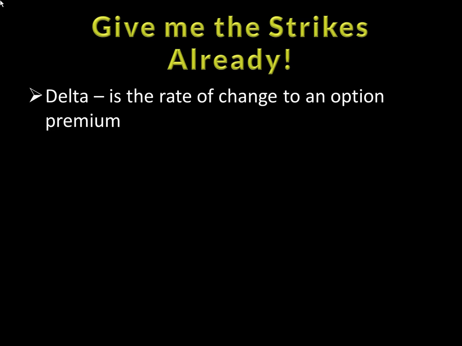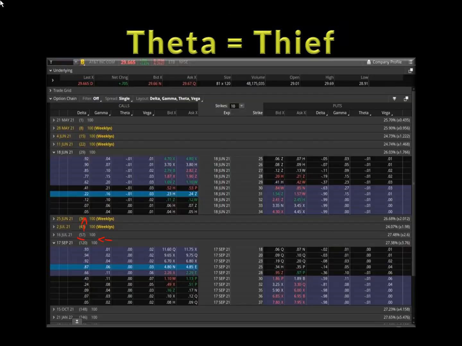Delta is the rate of change to an option premium. So when you're looking at that option montage, what it's really saying in this delta column is, if this underlying goes up by exactly $1, so now we're at $30.66, right? Moved up by exactly $1.